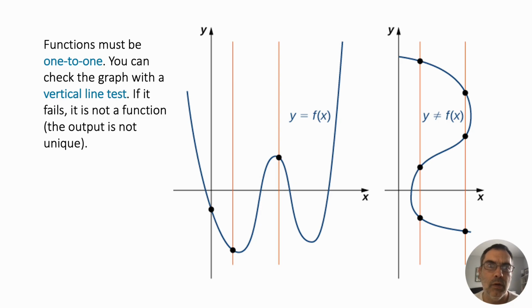Well, the goal of a function is to predict the value of something given an input, predict the output from an input. If you do not pass the vertical line test, then there are multiple outputs for a given input. It's not one-to-one. So which is the output? It's ambiguous. And when you have that ambiguity, we technically do not call that a function.